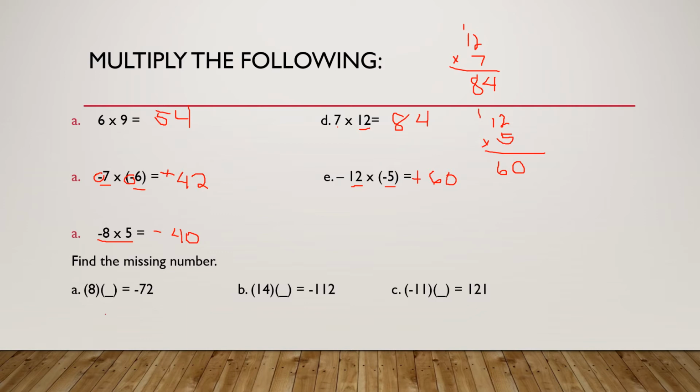But we know that 8 times 8 is 64. So that means we have 8 times 9. Okay? So 8 times 9 is 72. But the answer is negative. So that means we're looking for negative 9. Negative 9 is the answer.